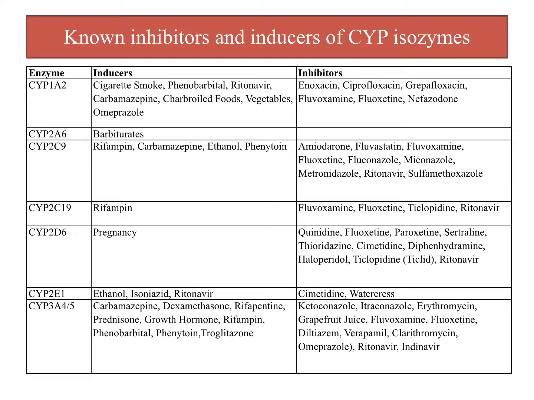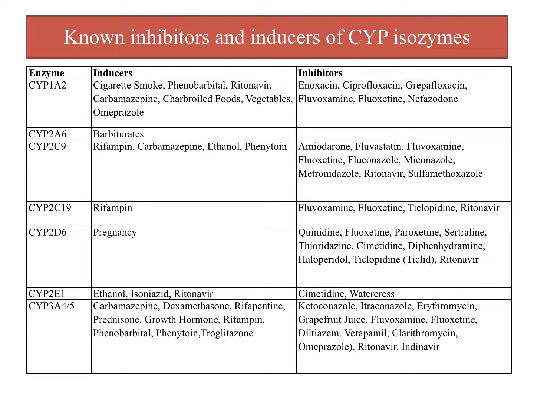That means if you are giving these drugs or you are smoking, then this particular enzyme will be overexpressed. Similarly, there are inhibitors of this particular enzyme like enoxacin, ciprofloxacin, fluoxetine, nefazodone, etc. So, these drugs are inhibitors of this particular enzyme.